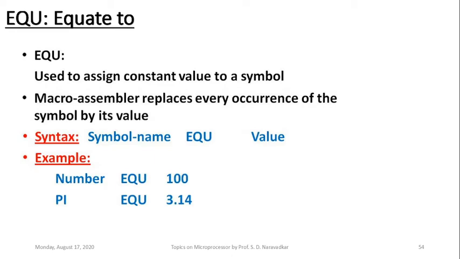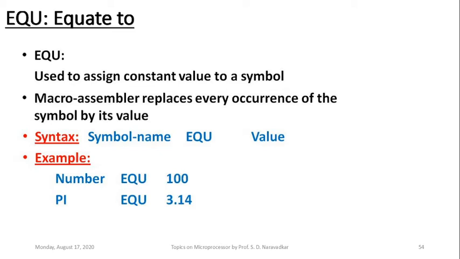Then the syntax: first of all, we have to define the symbol name, then the keyword EQU, and then the value to be written on the right side. Examples are given just below.